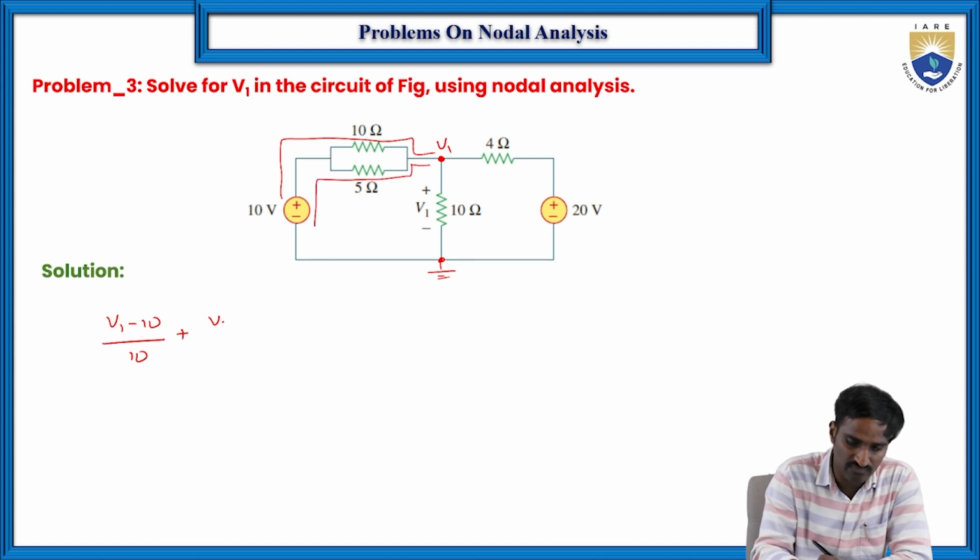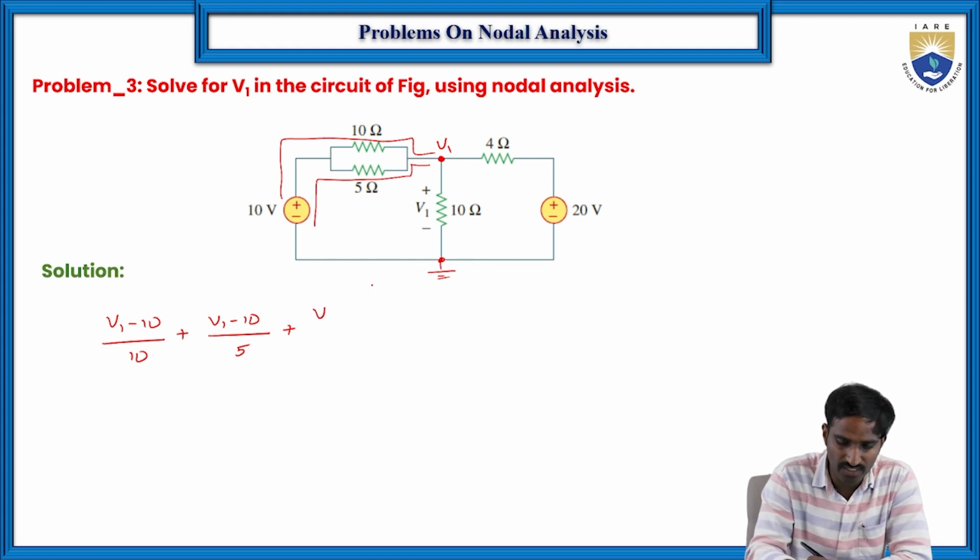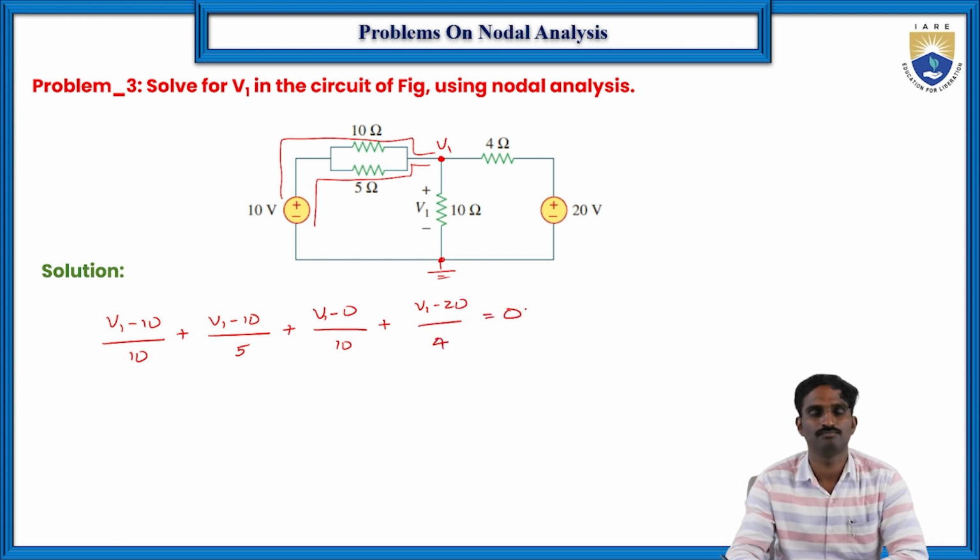That's why again (V1 minus 10) by these 5 ohms, plus (V1 minus 0) by 10 ohms plus (V1 minus 20) by 4 ohms, which is equal to 0.